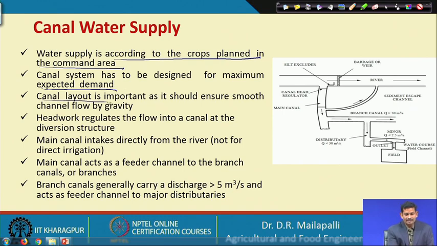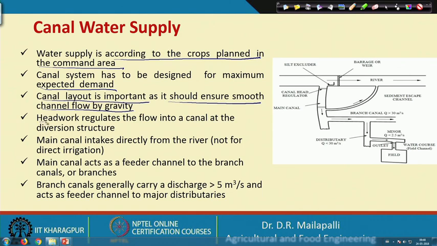The canal layout is important as it should ensure smooth channel flow by gravity. Since we are not going to use any pumps, the flow in the conveyance in canals is mainly due to gravity flow. The headwork regulates the flow into the canal at the diversion structure. Here there is a headwork regulator which is going to regulate the flow to the canal from the river.